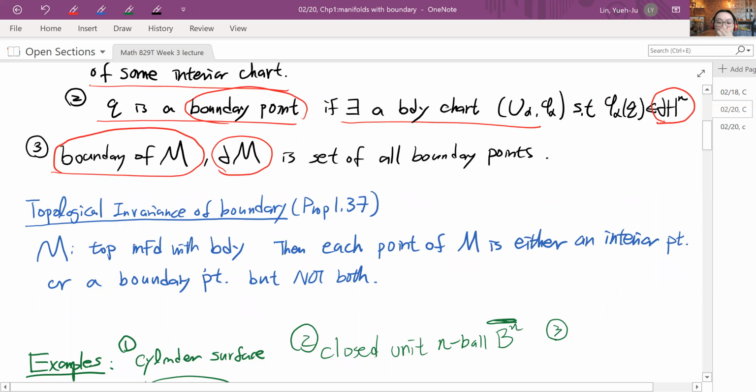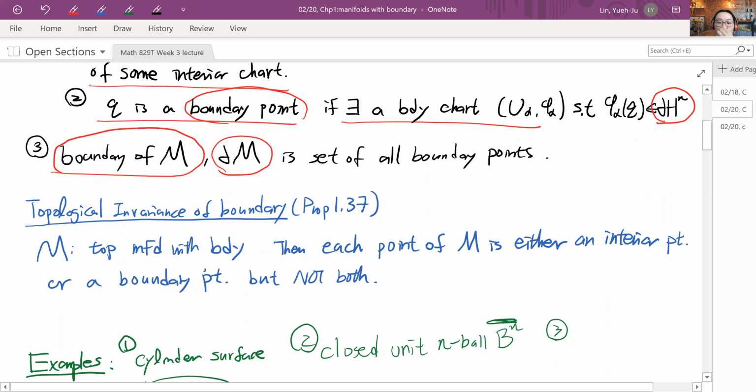You say, I want it to be smooth on M. What does that mean? It means that for each point P, you can find a chart U_alpha, and this chart of course gets mapped to R^n, to some open set. This is your phi_alpha of U_alpha.